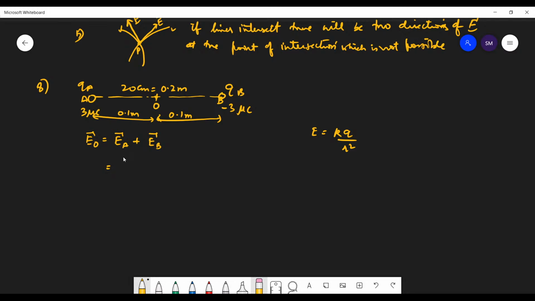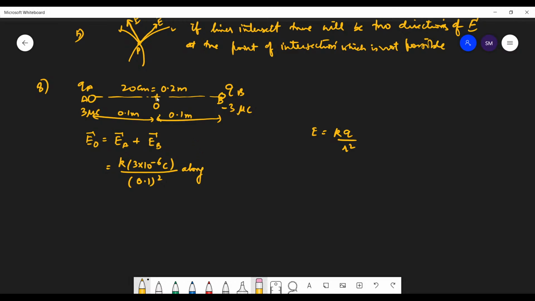So the magnitude of the field will be KQ. The magnitude is the same. So that is Q, 3 into 10 raised to power minus 6 Coulomb, divided by R square, 0.1 whole square. And let us write this direction as along.